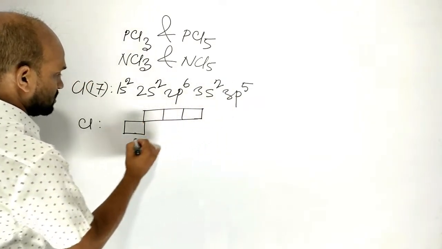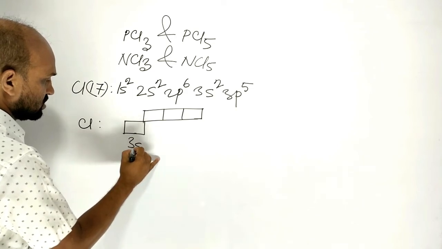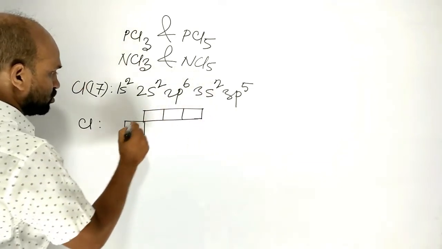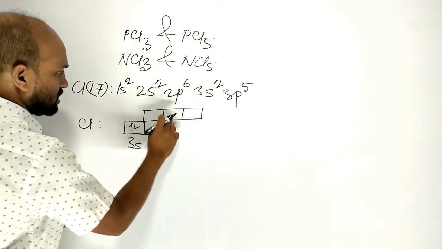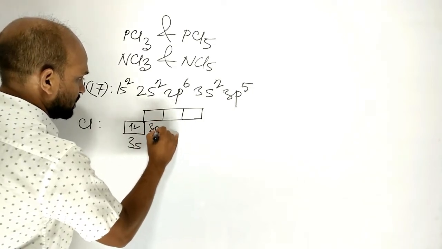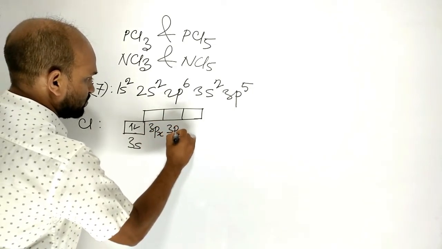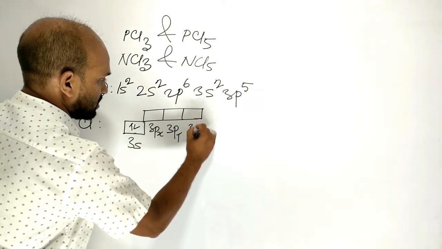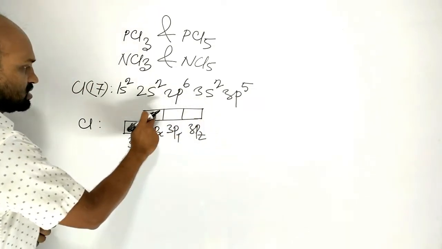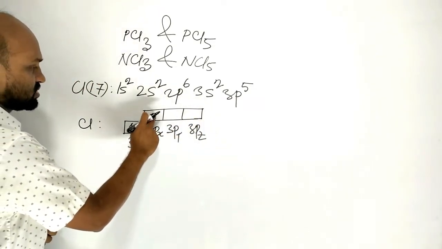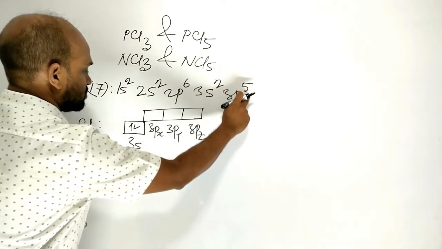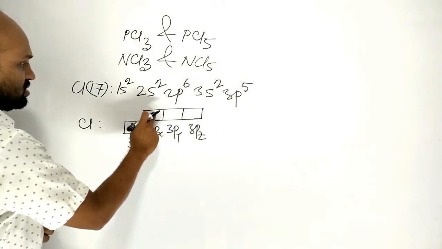This is 3s that contains 2 electrons, and 3p: 3px, 3py, and 3pz. In these degenerate orbitals, 5 electrons will enter.